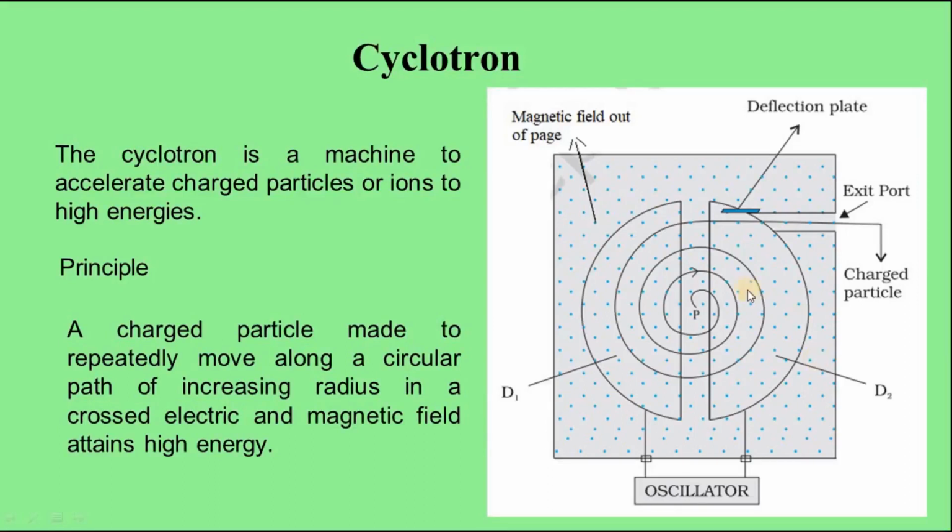Here the magnetic field is perpendicular to the image and outwards. The particle to be accelerated is placed at the center of the D. The whole arrangement is placed in a container with vacuum in it.